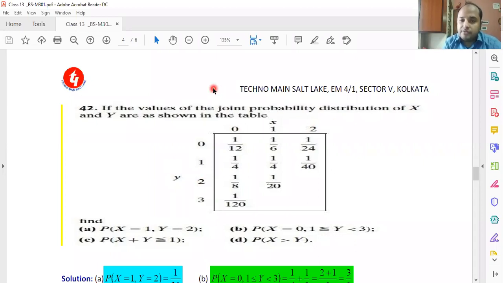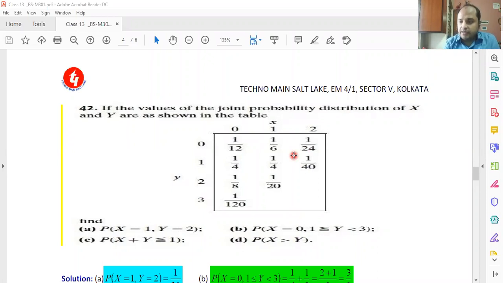Now what they have asked you to do is, they have put the joint probability distribution in this tabular form, and you are supposed to calculate the probabilities. The problem is the reverse of the previous problem. If you are not understanding, you can anytime unmute yourself and ask me. Note down in your copy that this given problem is just opposite to the previous problem, which has already been discussed. Now you see, this is my chart.